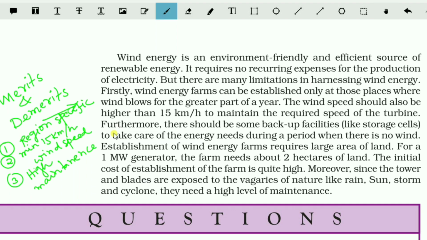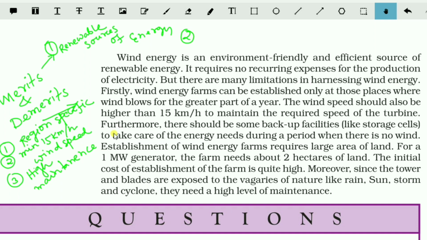And merits. What will be the merits? Number 1, it is a renewable source of energy. Number 2, it is environmentally friendly.